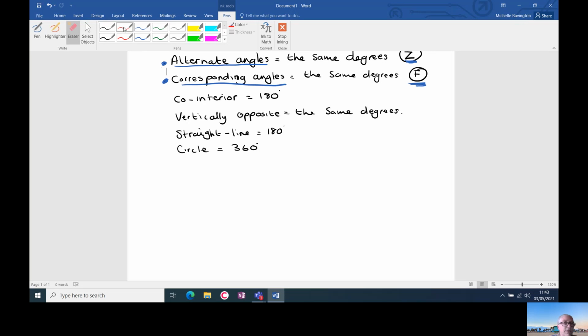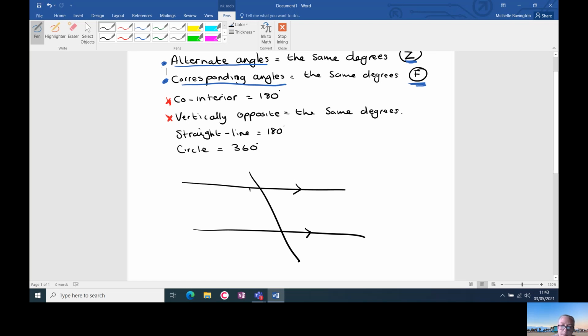This one and this one are pretty easy. Just think about what it's saying. It's saying co-interior, so it must be inside. You're always thinking about your line and where it's cut up.